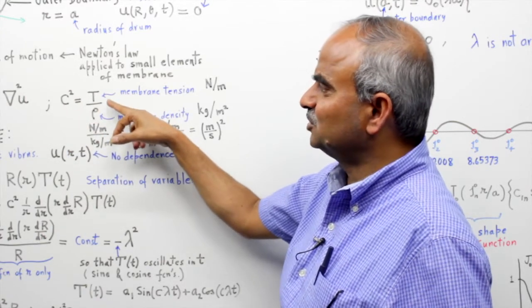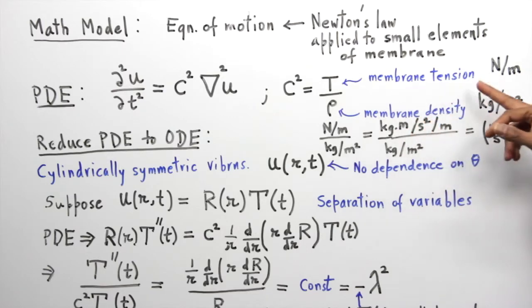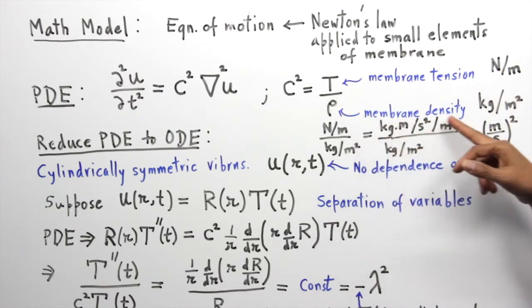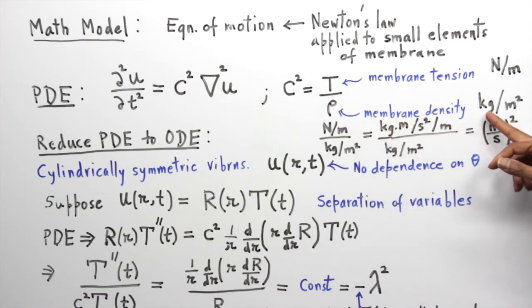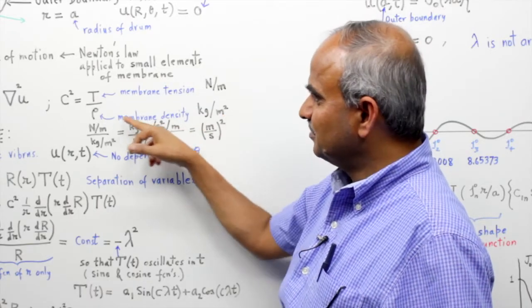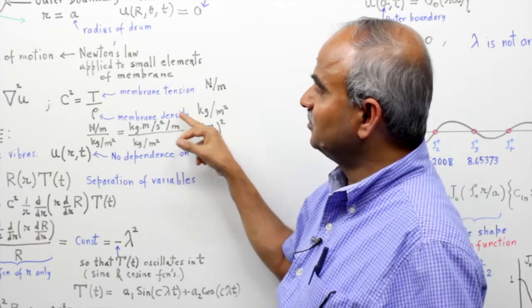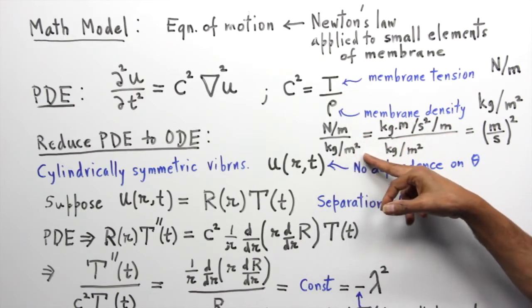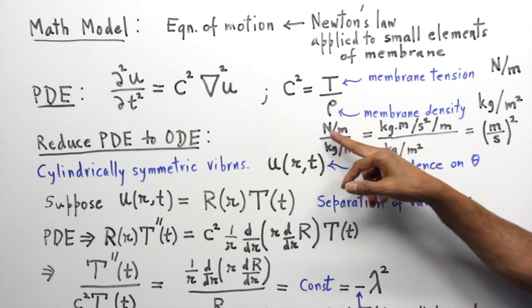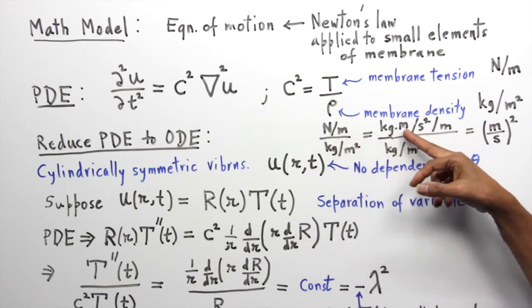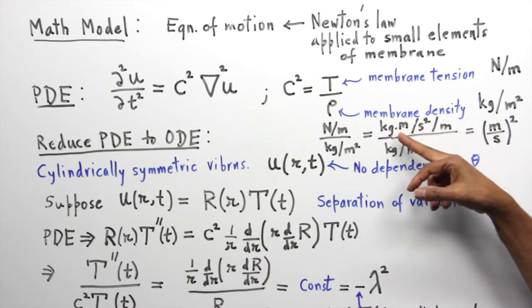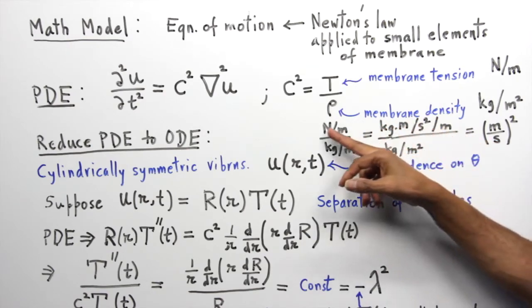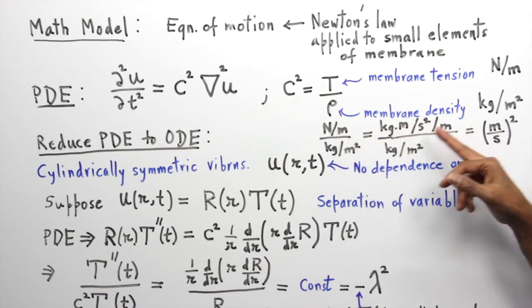We can sort of work out the units here. T is tension, membrane tension, measured in units of newtons per meter. Membrane density is measured in units of kilograms per meter square. It's the membrane density per unit area of the membrane. And so if we take this ratio, newtons per meter divided by kilogram per meter square, recognize that Newton is nothing else but kilograms times meters per second square, mass times acceleration equals force, divided by meter here.